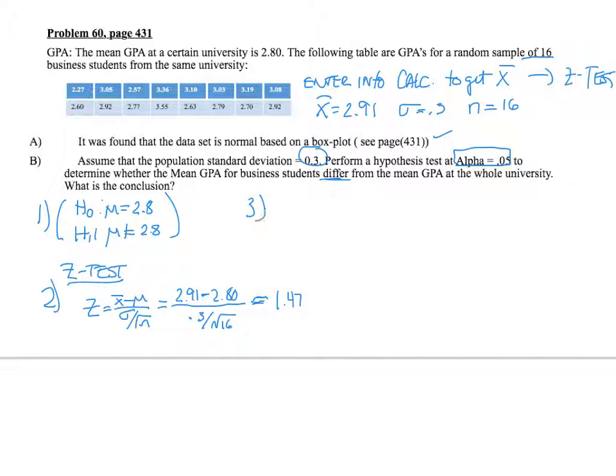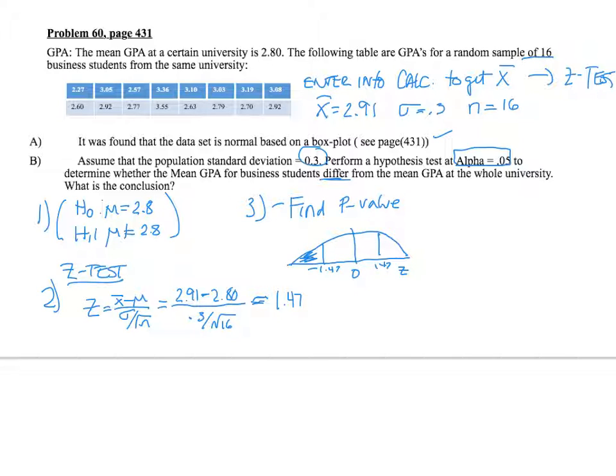Step 3 is to find the p-value. And so we know how to do that. Let's go ahead and do that. Here's 0, we're on Z, and we have a 1.47 here. And we have a negative, because it's a two-tailed test, we have a 1.47 here.